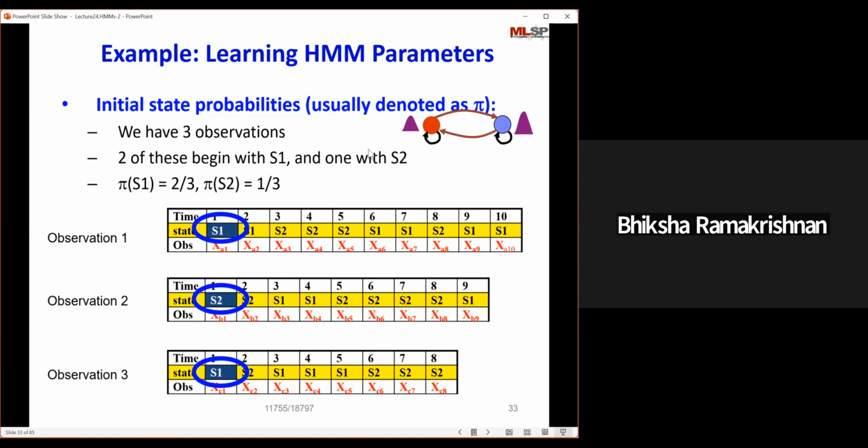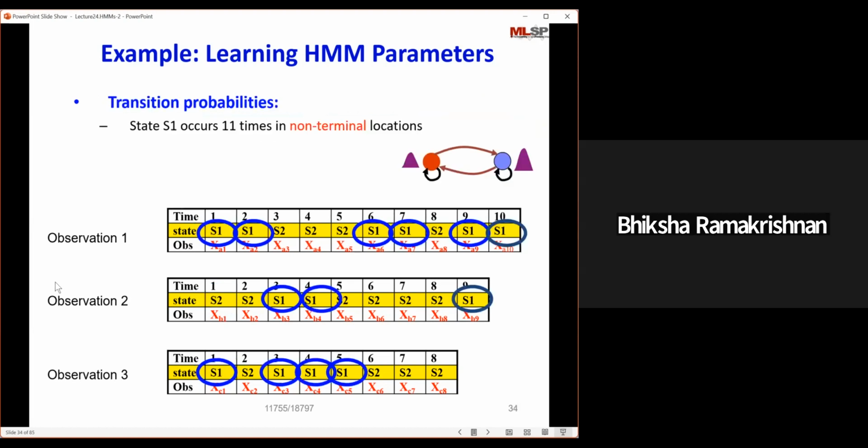And so we know how to compute the initial state probabilities. Now, similarly, let's look at all the times where the state S1 occurs in non-terminal position. So the dark blue ellipses. There are 1, 2, 3, 4, 5, 6, 7, 8, 9, 10, 11 instances where the state S1 occurs in non-terminal positions. I'm speaking of non-terminal positions because I'm going to use this for estimating transition probabilities.